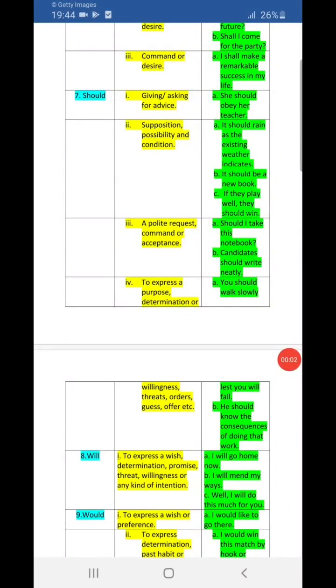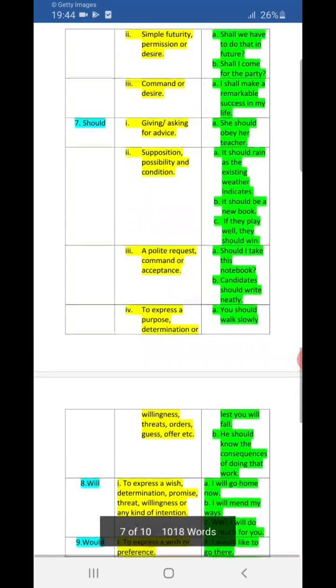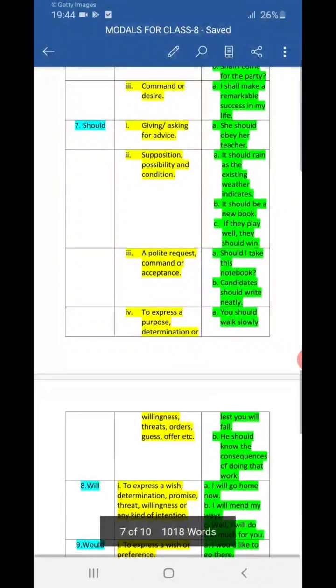Number 3, a polite request, command, or acceptance. Example number A. Should I take this notebook? So it's a polite request that should I do so? So should I take this notebook?